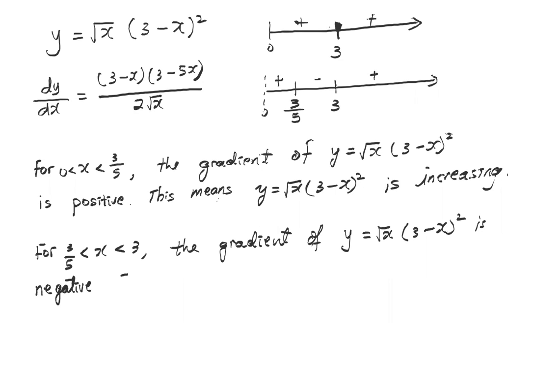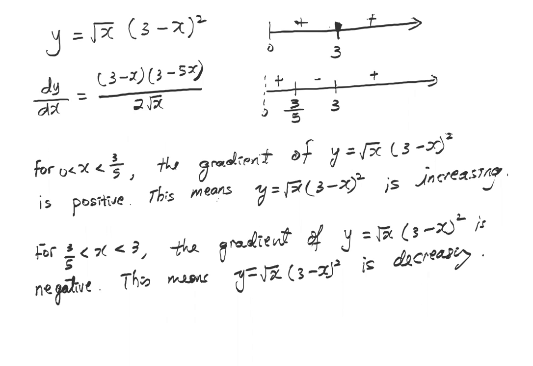So this means y is decreasing. Am I right? So I don't know how my graph is, but based on the sign diagram of y, what can you say about y?